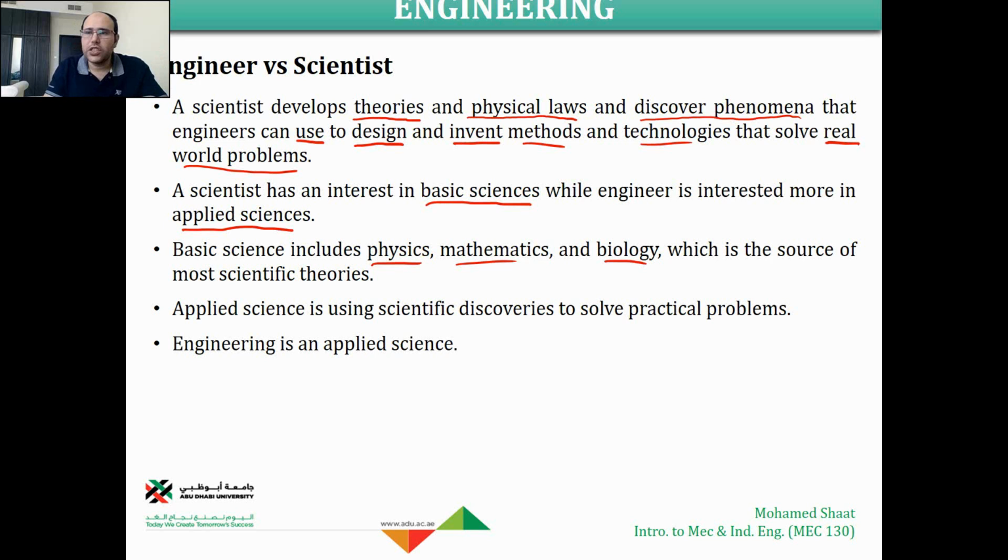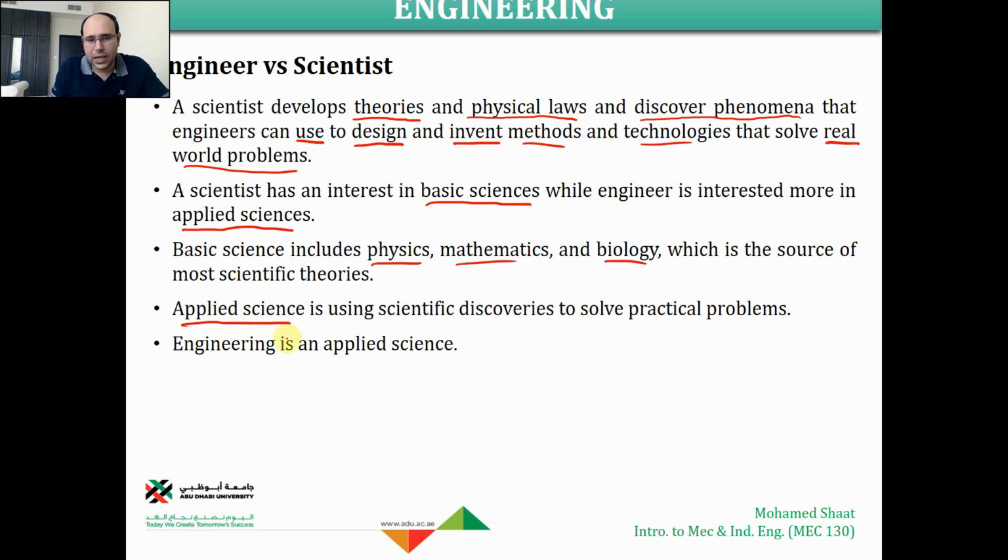So scientists should have strong knowledge in physics and mathematics and biology. And they know exactly how they can develop these theories and these mathematical concepts and these biological phenomena. They can discover them and they describe them. This is the basic science.